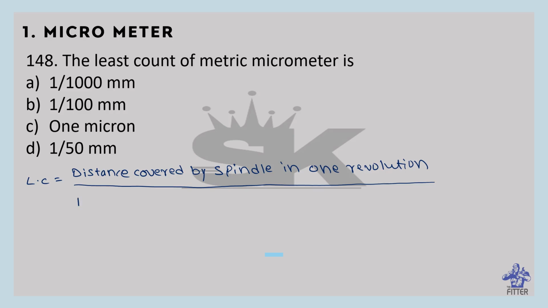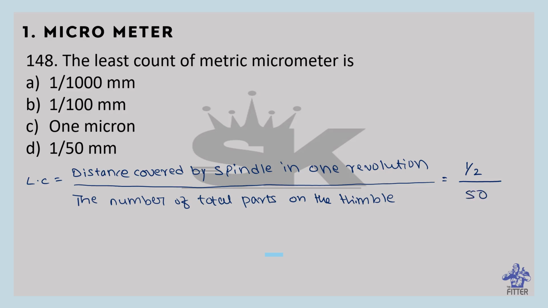Here the distance covered by the spindle in one revolution is 0.5 mm, divided by the total number of parts on the thimble, that is 50.